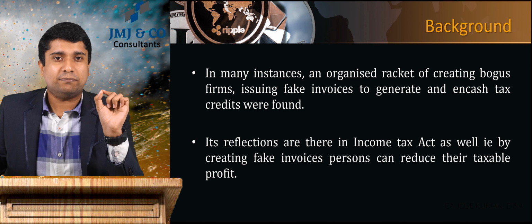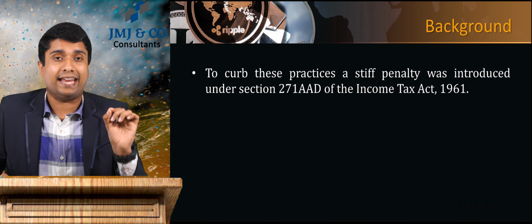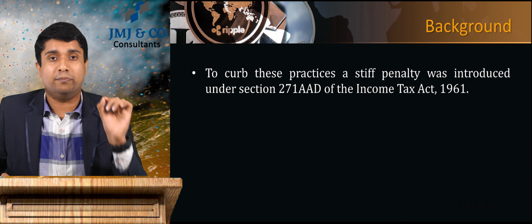So in order to curb these kinds of practices, a new penalty under section 271AAD has been introduced as a part of the February 2020 annual budget. Let's understand what exactly this new penalty is.